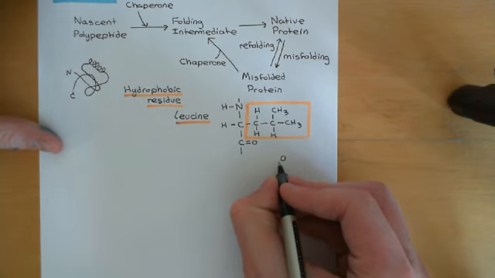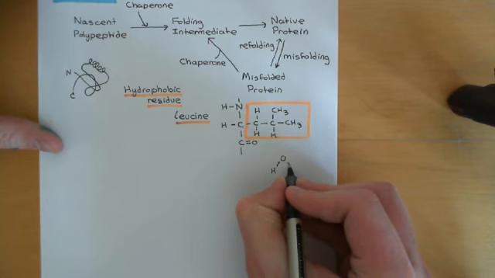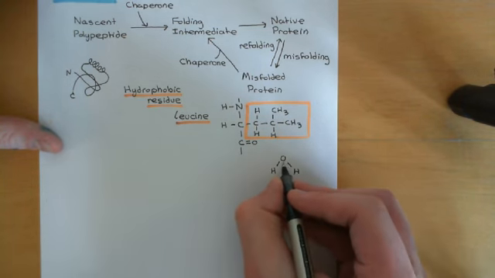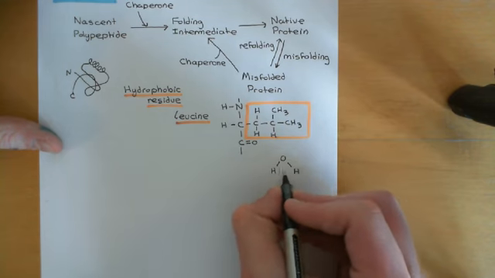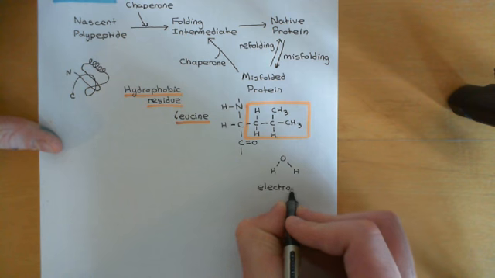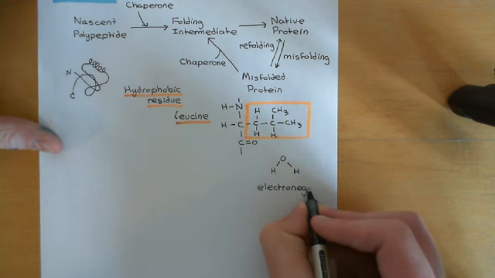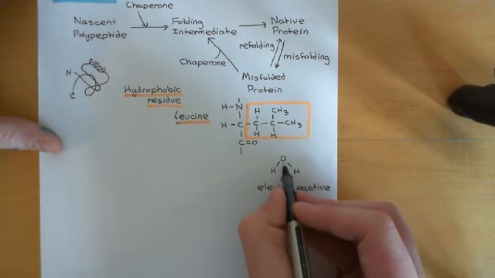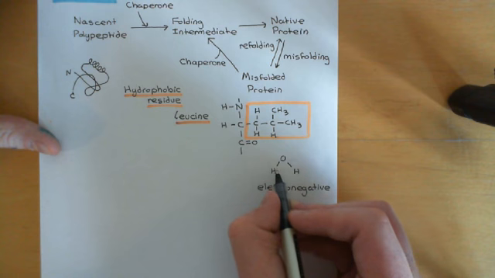If I draw a water molecule here, water is an extremely polar molecule because oxygen has a much greater electronegativity than hydrogen atoms, and all the word electronegativity means is how hard an atom pulls electrons towards it. Okay, oxygen we say has a much higher electronegativity than hydrogen.